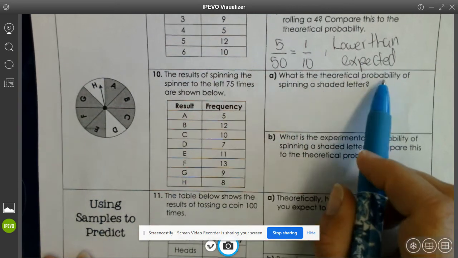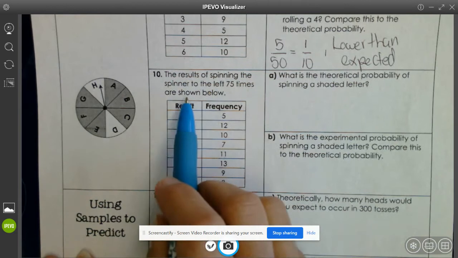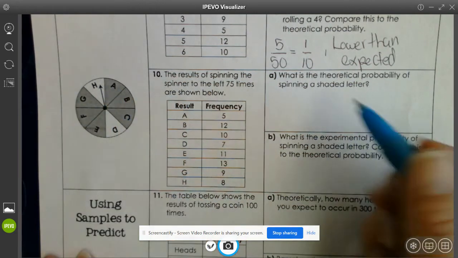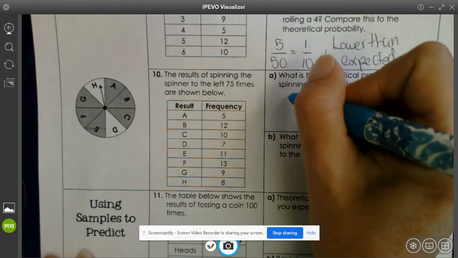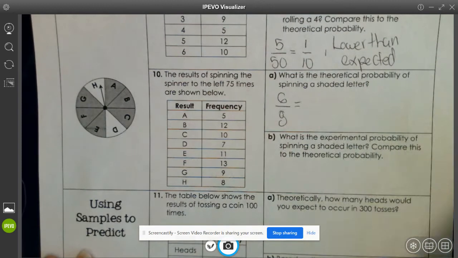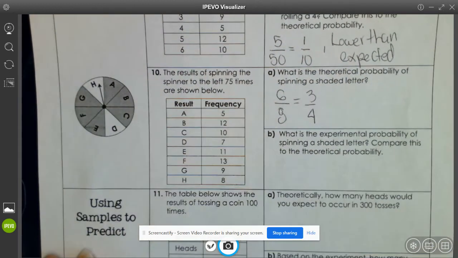What is the theoretical probability of spinning a shaded letter? All right, so how many letters are shaded? That's 6, right? So that is 6 out of a total of 8. If you simplify this fraction, you divide by 2, that's 3 over 4, right?